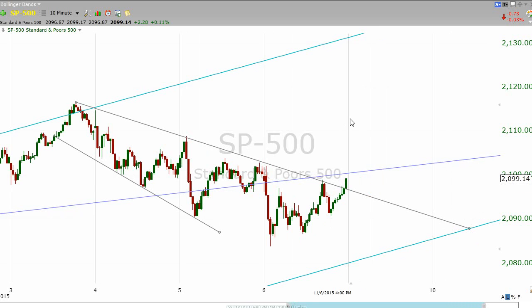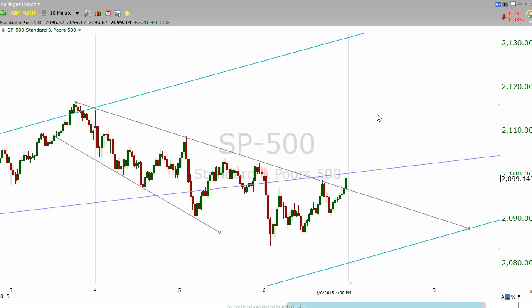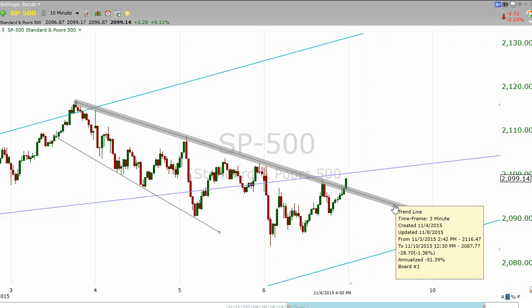So I think we learn more coming into the week, starting tomorrow on the 9th. What I would be looking for is potentially either we come back and tag this line with some early weakness to see if perhaps we bounce there, or if we start out strong, then I would be prepared for a back test of this line at some point.